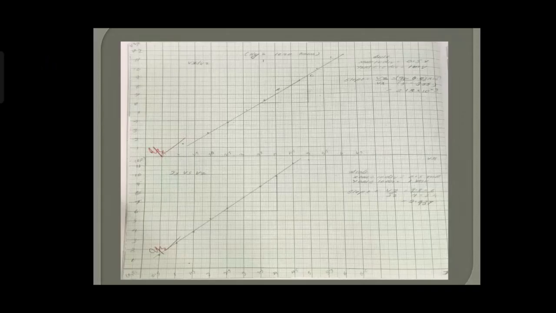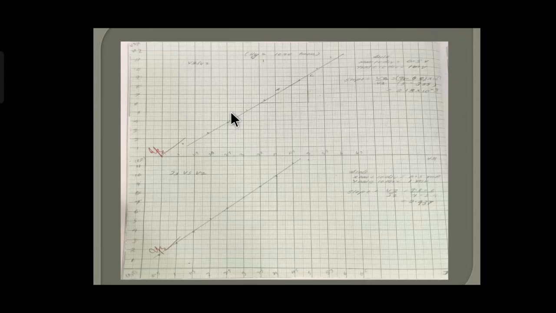After tabulating the readings, we have to plot a graph between Ix and Vz, which would be a straight line as shown in the figure. We have to take the slope, that is dy by dx. Correspondingly, we have to measure the Hall angle.